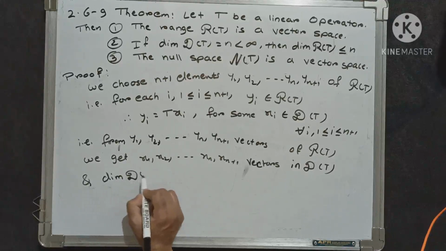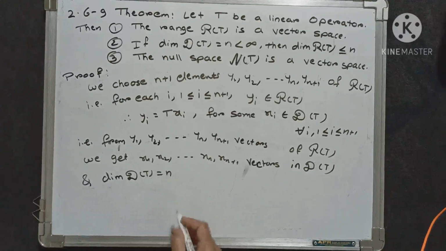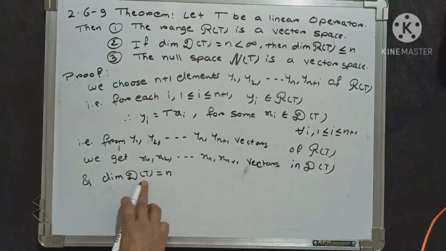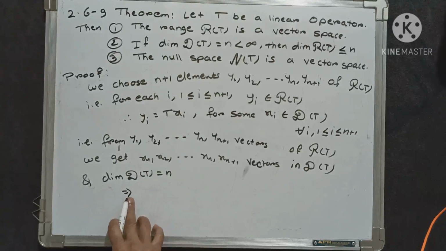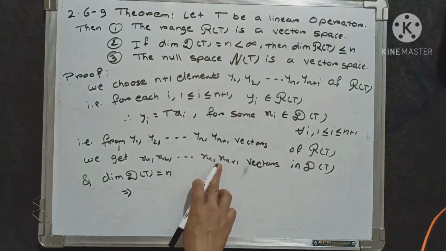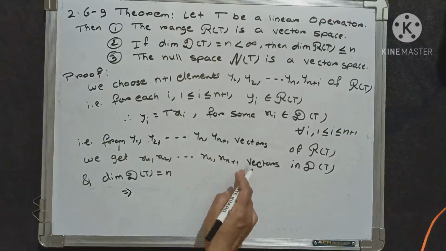The dimension of D(T) is equal to n. As the dimension of D(T) equals n, any set containing more than n vectors is a linearly dependent set.